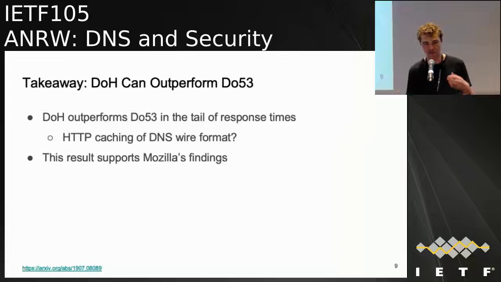So for example, if the recursive resolver already has the answer in its cache, and maybe the transaction ID is some fixed number, as it is implemented in Firefox's implementation of DOH, which I believe is set to 0, maybe they're caching the wire format of the DNS response, which allows them to more quickly send a response back instead of having to construct a DNS response each time. And this result that DOH is outperforming DO53 in the tail of query response time seems to support Mozilla's findings.